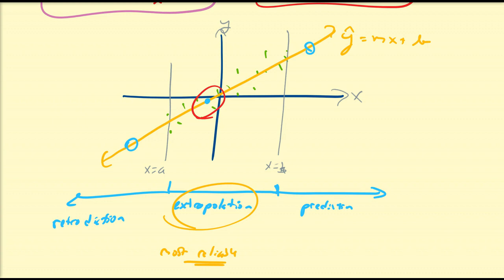Even though it's increasing generally on the interval AB, it is definitely possible that it could begin to decrease. So instead of being up here, it could go downwards, or it could have gone that way on that side. So using it to predict and retrodict things definitely comes with some assumptions.